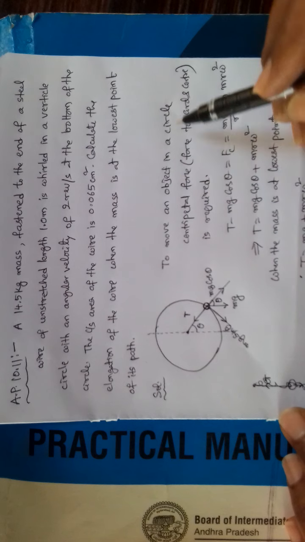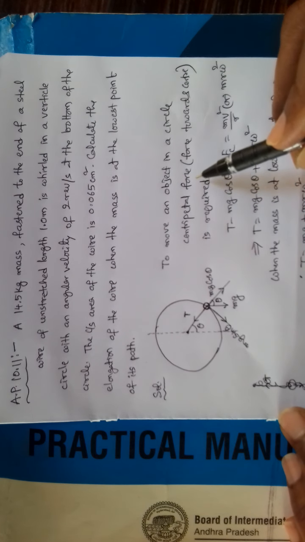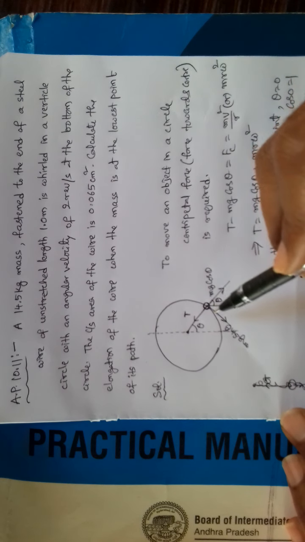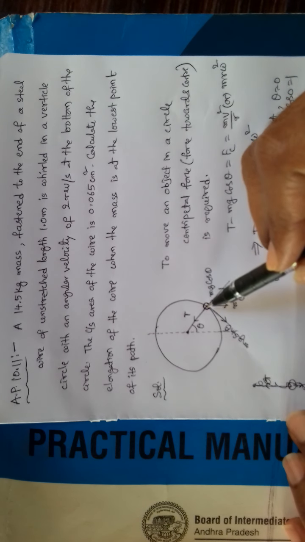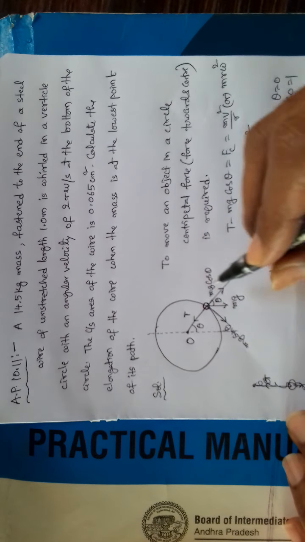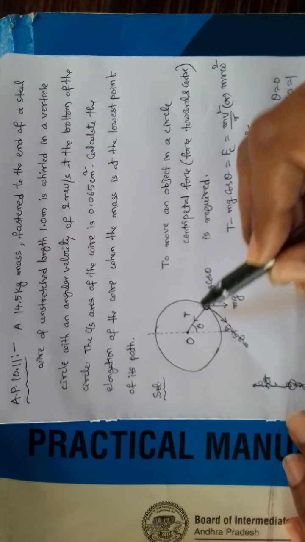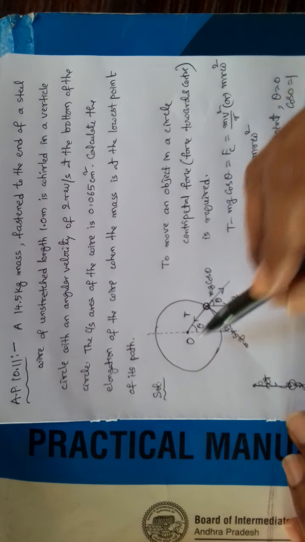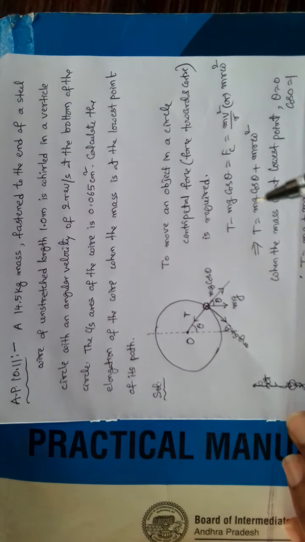See, to move an object in a circle, centripetal force is required. So here the centripetal force, that is force towards the center of the circle: T is towards and mg cos theta is away. So the net force towards the center is T minus mg cos theta.